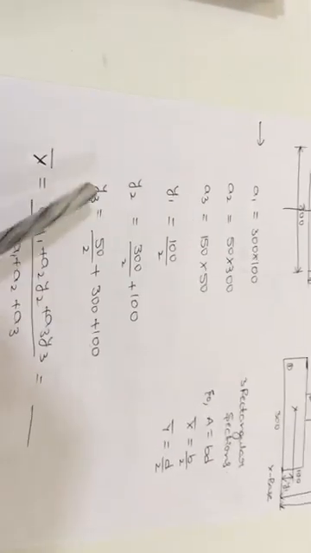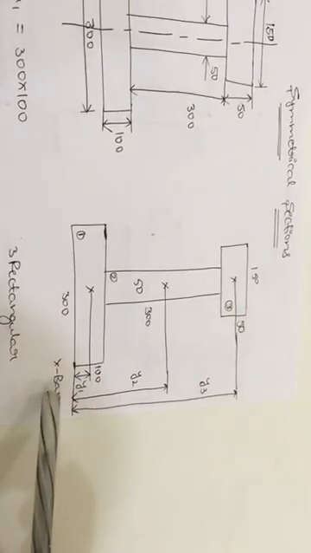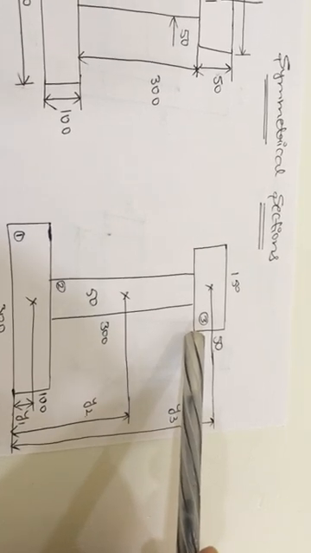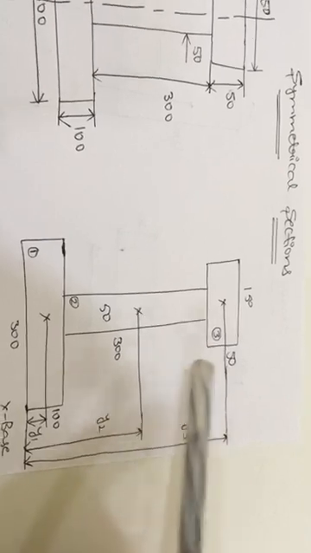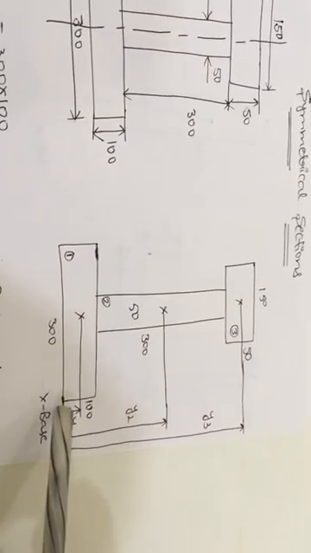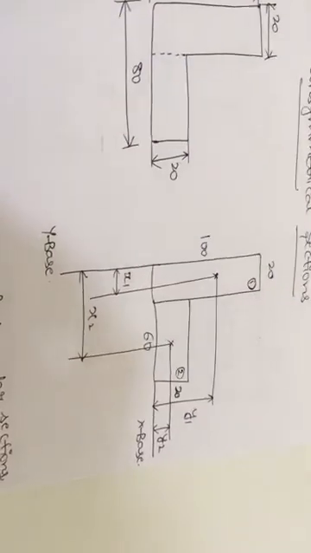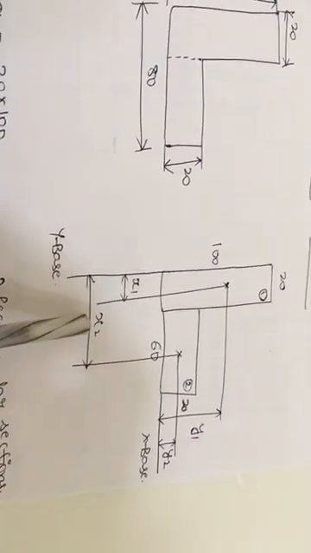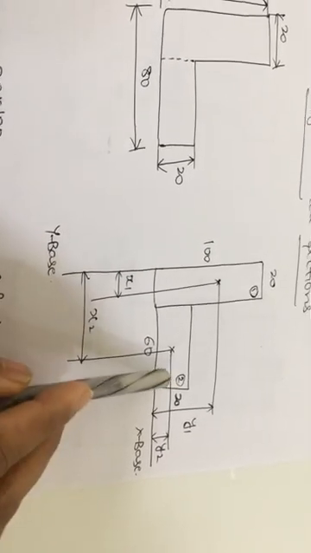Once again, in the symmetrical section, see here the y3 value. y3 is from this point up to the x base, but the formula is applicable up to that section only. So D by 2, so 50 by 2 up to here. Next plus the remaining 300, next the remaining 100 up to the x base. In the same way, here the x2 value, B by 2 is the formula for the x bar for the second section.